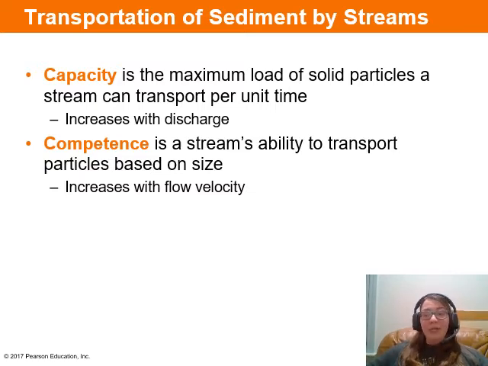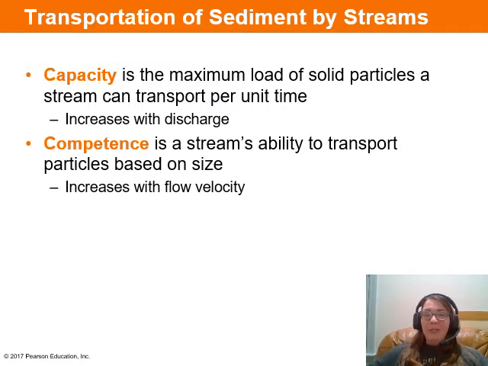And again, the more energy that I have, the heavier weights I'm going to be able to move. And streams work the exact same way. The more quickly the water is moving, the more energy it has. And therefore, it's going to be able to move a larger amount of sediment than a smaller, slower moving stream would. And this is also related to the stream's competence.